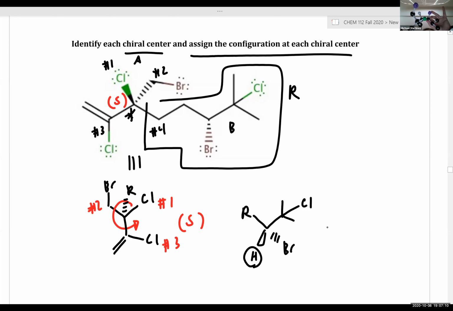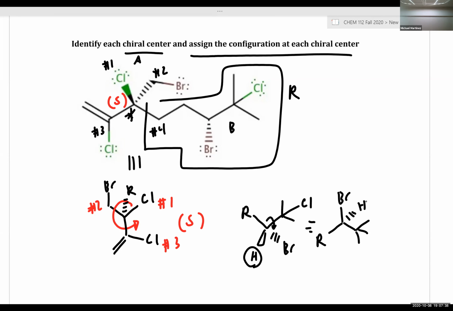After rotation, we end up with our bromine pointing up, our alkyl chloride on the right, our R group on the left, and our hydrogen in the back. Does everyone see how the hydrogen's now in the back?